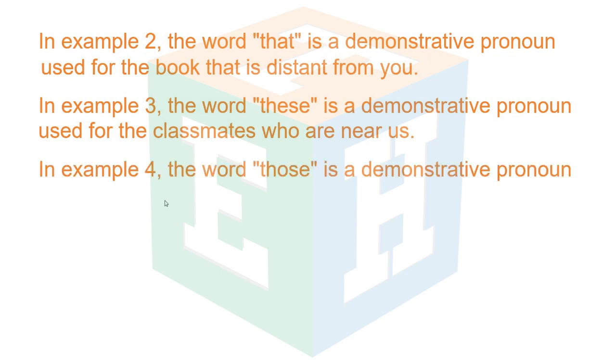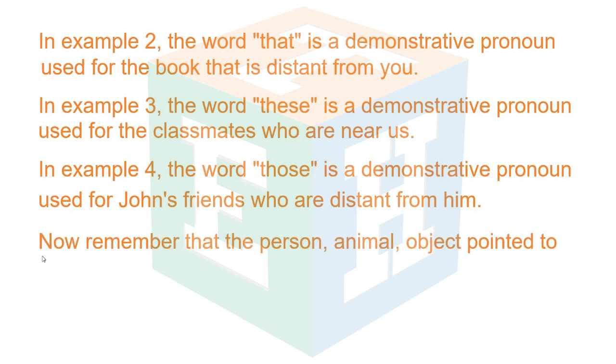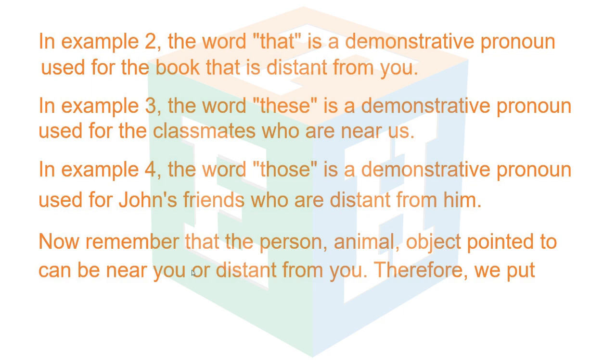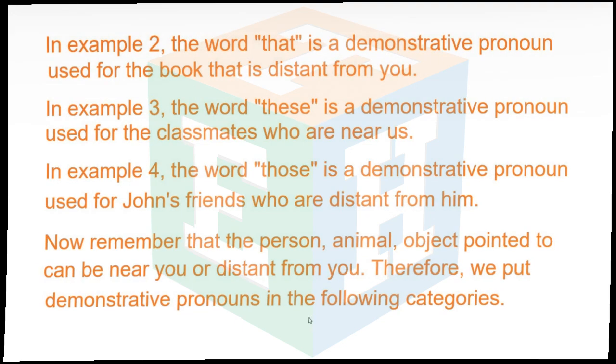In example 4, the word those is a demonstrative pronoun used for John's friends who are distant from him. Now remember that the person, animal, or object pointed to can be near you or distant from you. Therefore, we put demonstrative pronouns in the following categories.